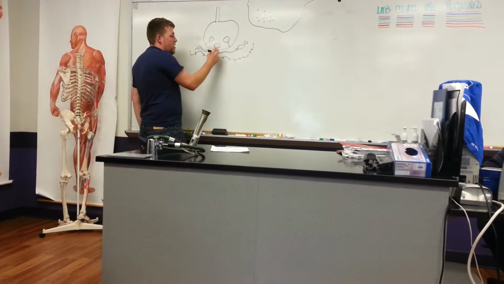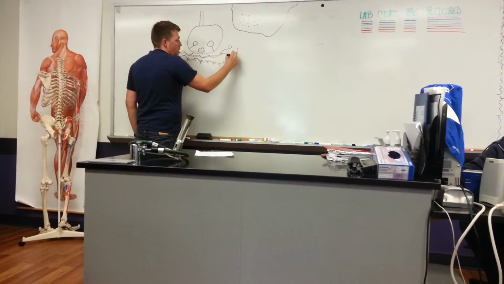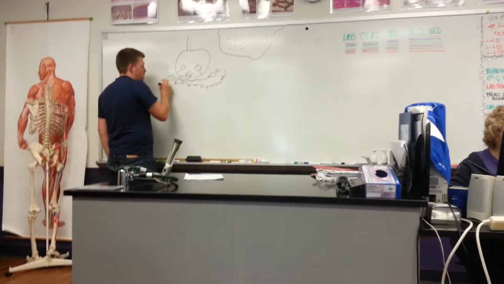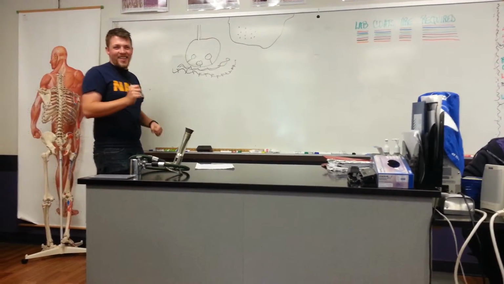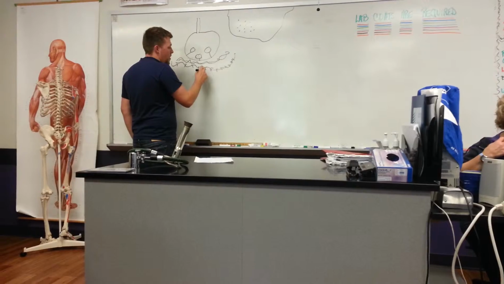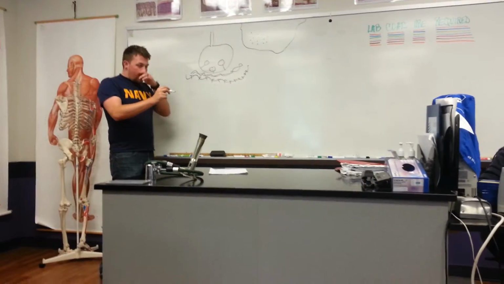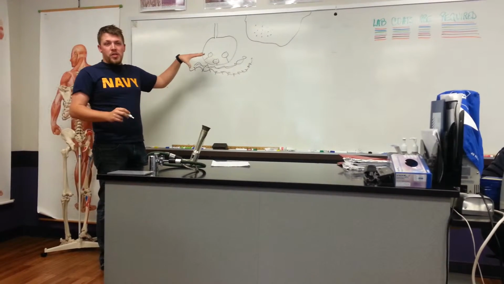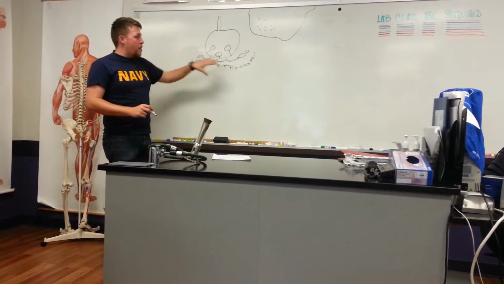Acetylcholine bonds with these receptors in the motor end plate and says, time to do muscle work. What it actually does is it reverses the polarity of the motor end plate.